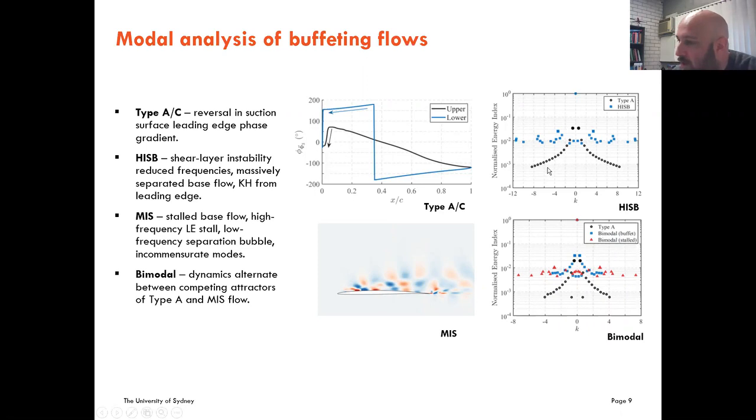Now, if we look at the high incidence shock buffet, we can see here basically the energy of each individual mode. Left and right is the complex behavior, so the images of each other. And we've got this blue dot that superimposes the black dot corresponding to the type A and the HISP type of behavior, where it corresponds to your bulk flow motion, so your free stream.